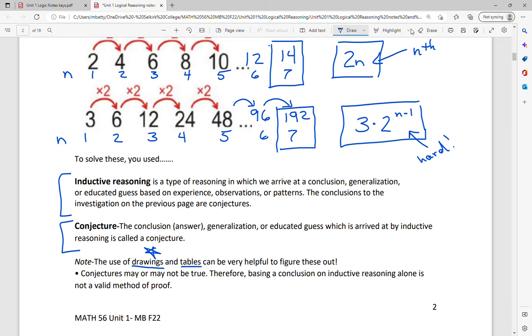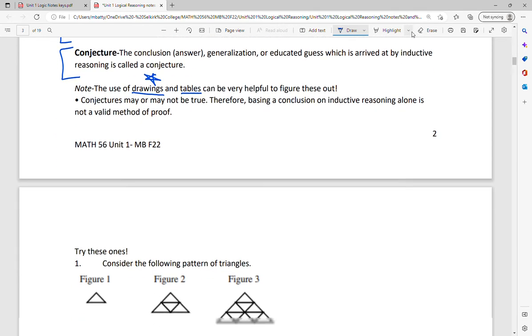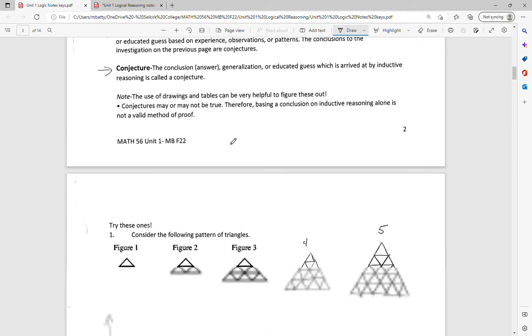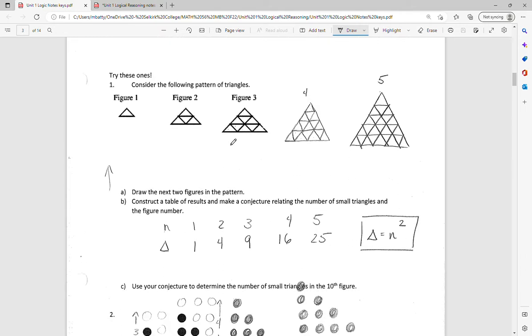Anyway, okay, so let's take a look at these a little bit more. So we've got some picture ones, and I think these patterns are ones that I like because I can draw. So trying these ones, I'm actually going to just switch to my answer key because it's going to take me forever drawing them. So this is my ready-made answer key.